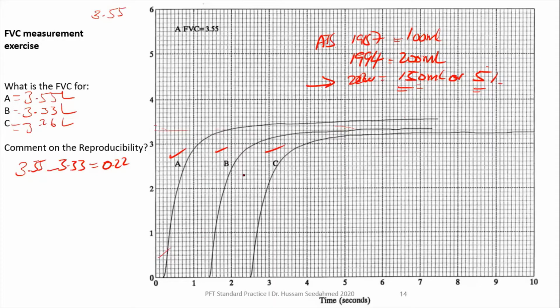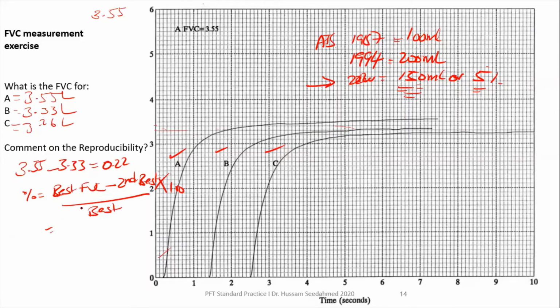So these tests are acceptable but they are not repeatable, لأنه the difference between the two largest is more than 150 ml. طيب لو عايز أحسبها بالنسبة, القانون بتاع the percent repeatability هو بيساوي the best FVC اللي هي the largest one minus the second best divided by the best times 100. ده لو أنا عايز أحسب النسبة. ما هو عندنا خيارين يا إما 150 ml أو 5%، إن الفرق ما يكون more than 5%.